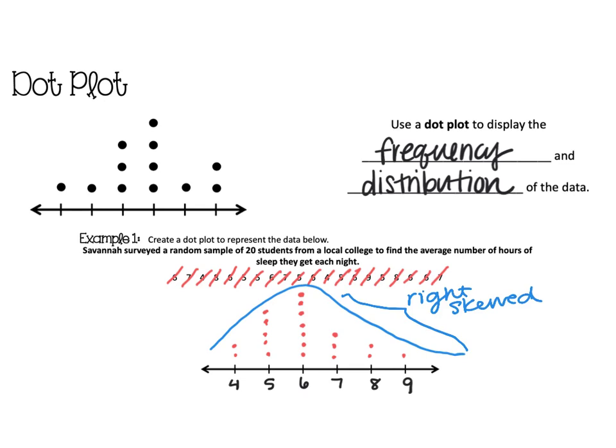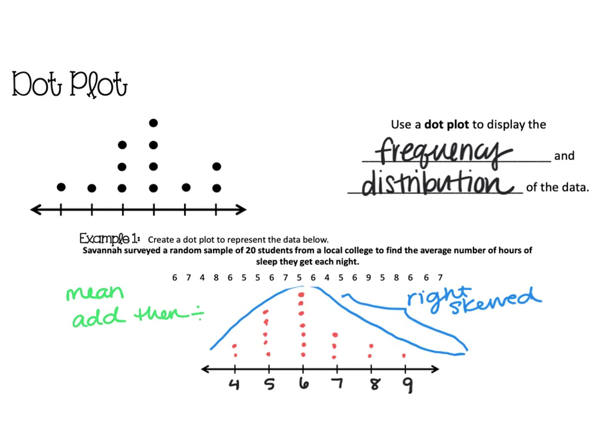And the survey was to tell the average number of sleep they get each night. So we're going to find the average. Now to find the average, you just add up all of the data points. So I'm actually going to open my data points back up where I crossed them off when I was making my plot. So for finding the average or the mean, you're going to add all the data points and then divide by the number of data points.